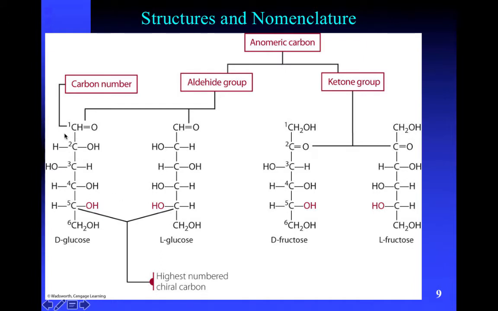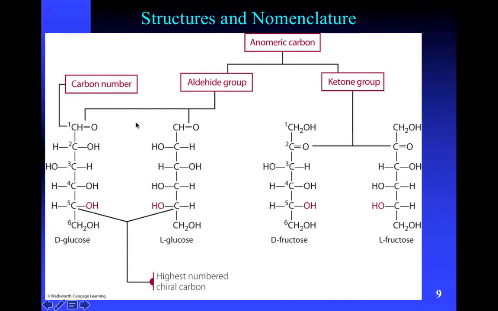And that allows us to see the orientation of the different chemical groups. In reality, in solution, these molecules are going to be in their cyclic structure. But they can open and close within solution as well, but they'll typically always be in their closed structure.